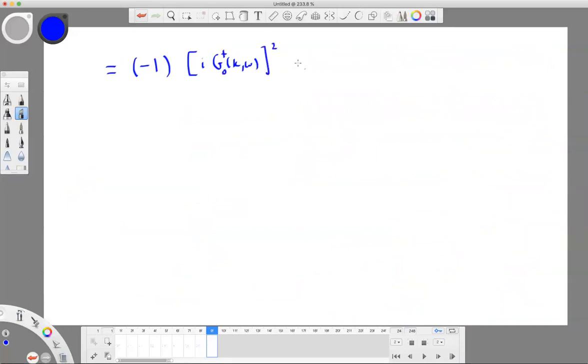This is squared. Then we have the summation over P and Q, and then one integral over epsilon. We're going to be left with a couple of factors of 2 pi, and the other one is the integral over beta. Then we have the propagators that involve those variables to be integrated over.